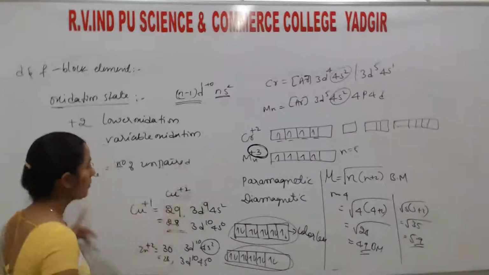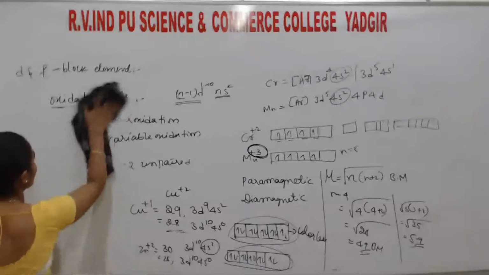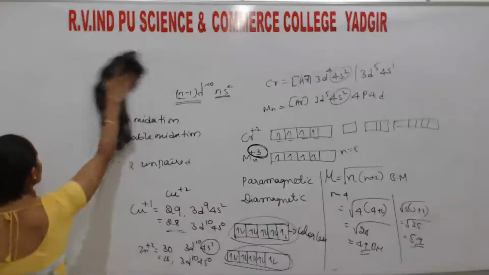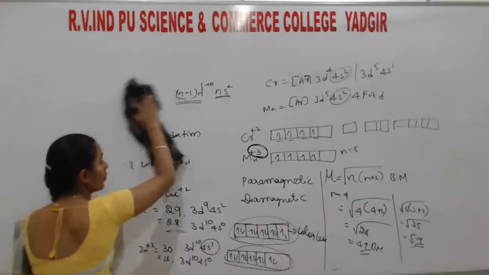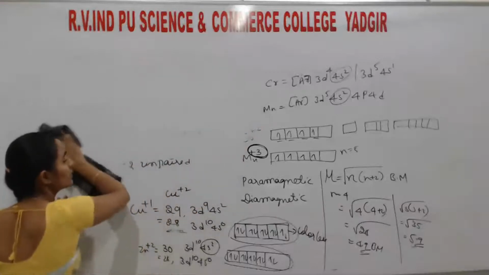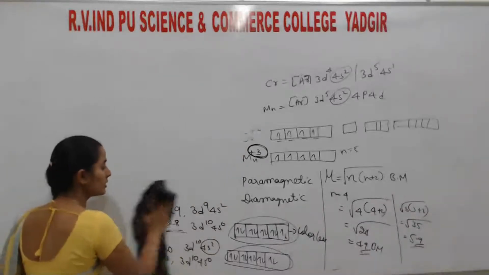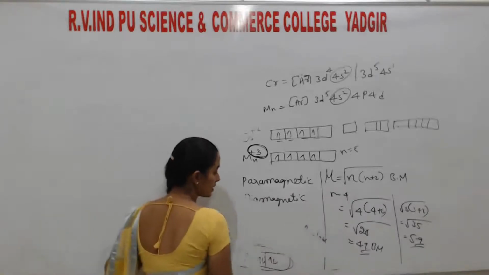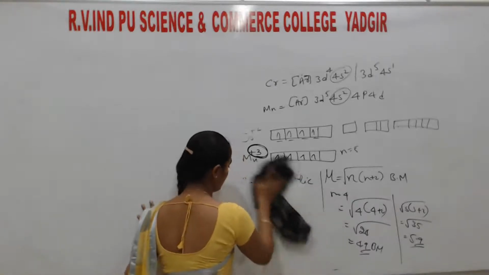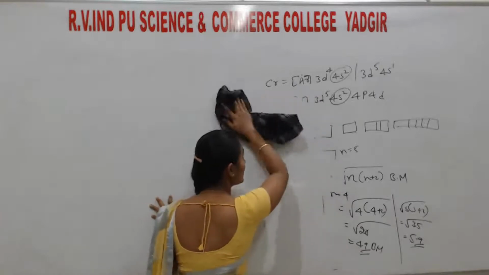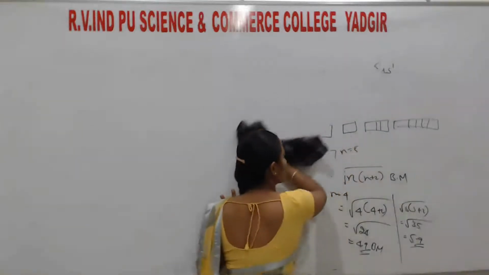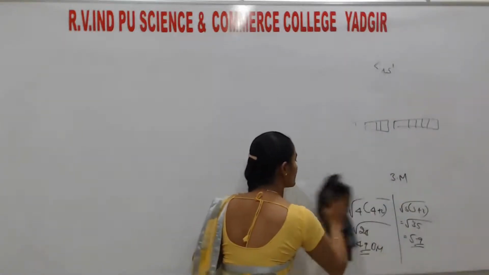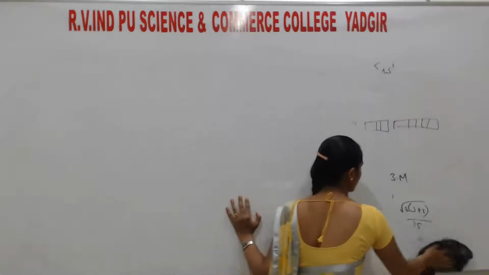And remember, in P block elements, I told you the different reactions, that is, variable reactions: the reactions which involve concentrated nitric acid and dilute nitric acid, and excess of ammonia and excess of chlorine. Such comparative reactions you have to practice. That is very, very important.